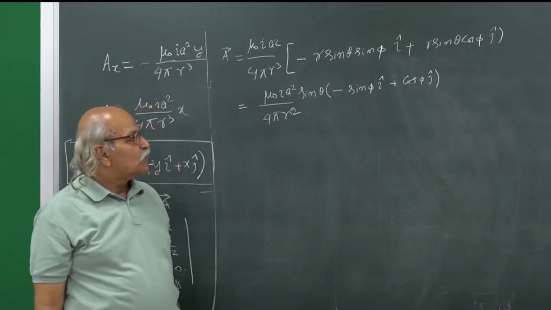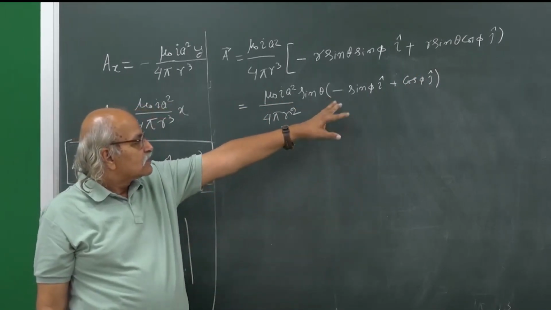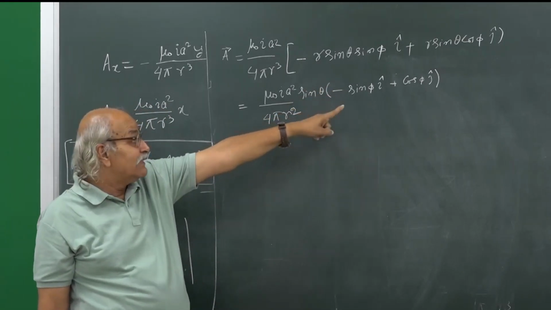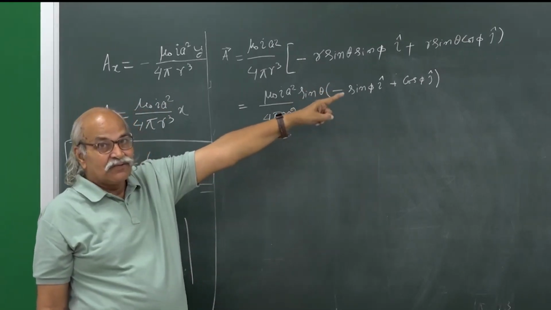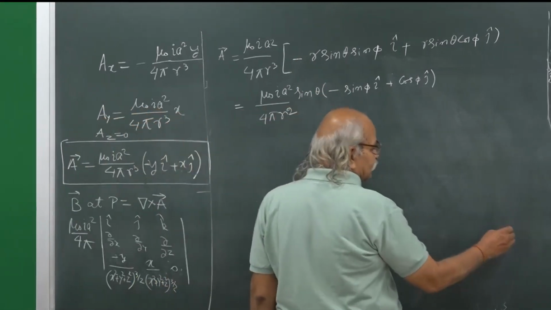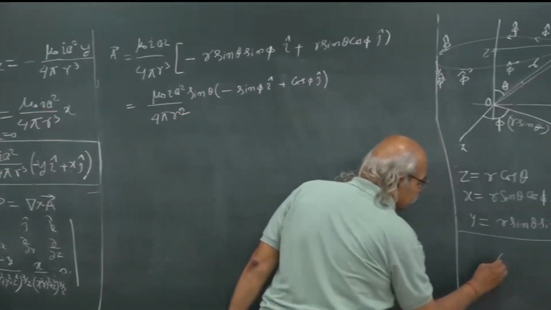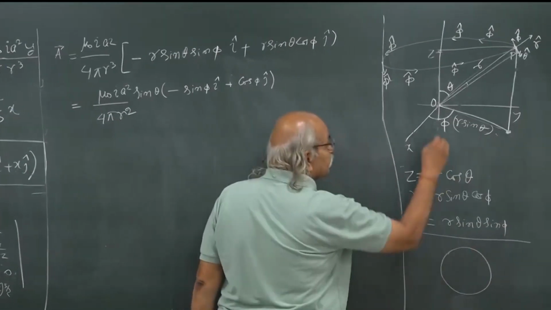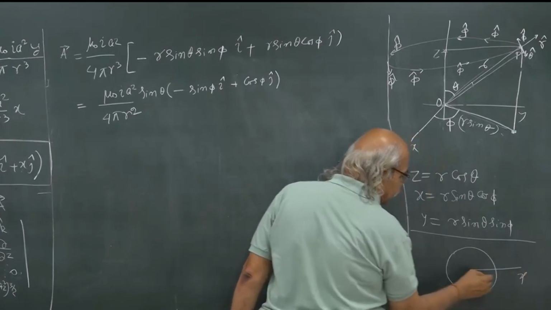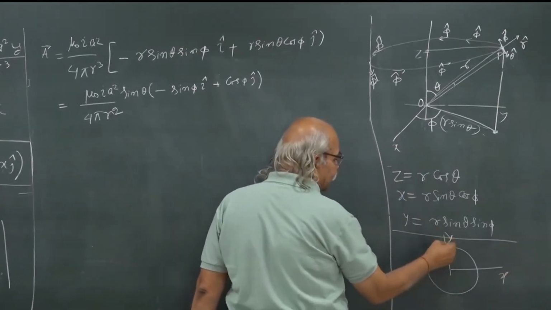If you work out this combination of sin phi, cos phi, i cap, j cap, it is all in the xy plane. So we can make a diagram in the xy plane itself. Let us say this circle I am trying to draw. This is our x direction and this is our y direction.